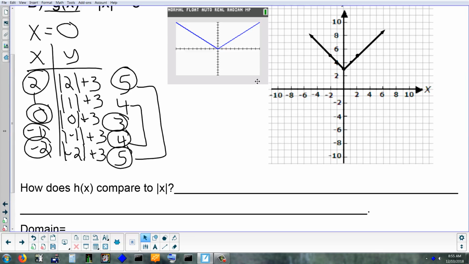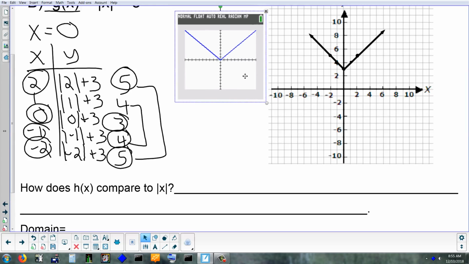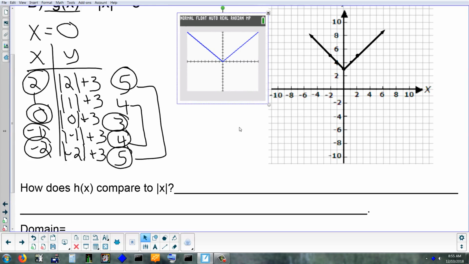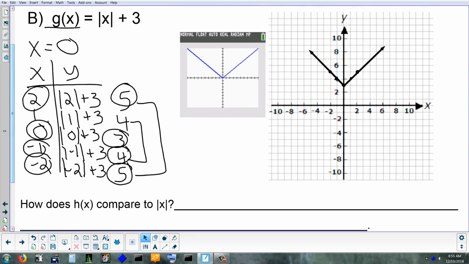Now, as far as comparing, let's go up just a little bit, Mr. Hager. Before, I had stuff going on inside the absolute value. Now I have stuff going on outside the absolute value. So what does that make the graph do?